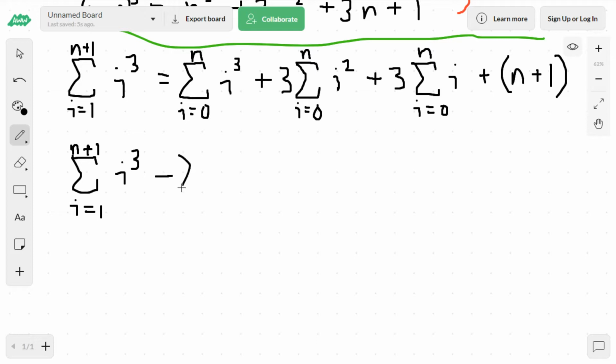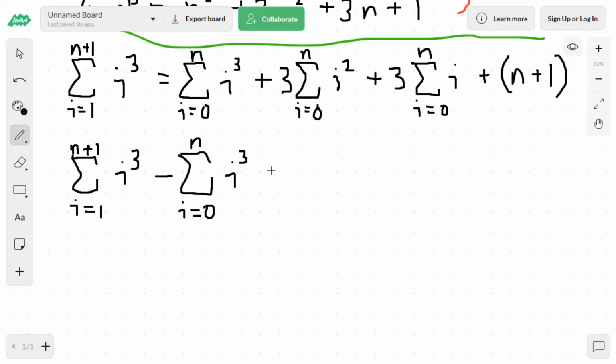So we're going to have that sum minus this sum. Sorry about that horrible sigma. Something to note is that this one is starting at 1 and this one's starting at 0. It doesn't make a difference, because 0 cubed is still 0.